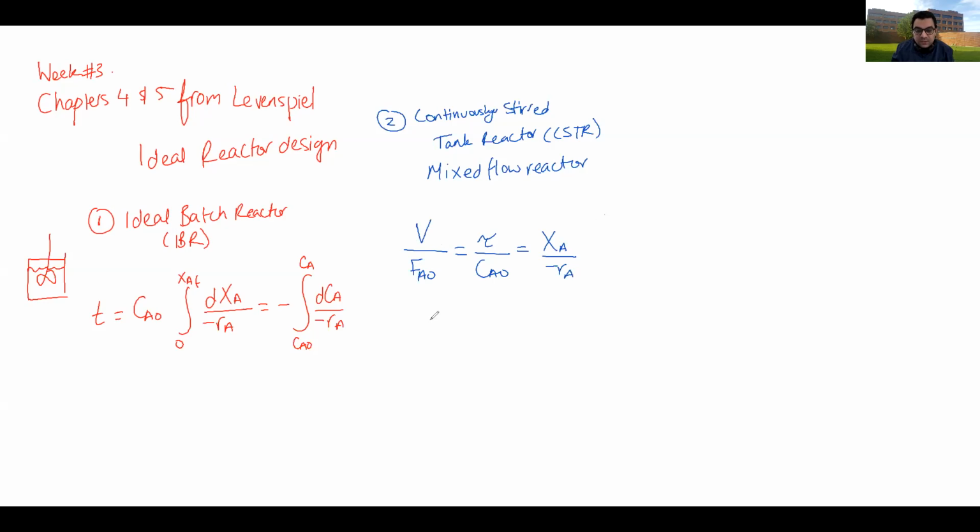And again, for a CSTR, this is the general expression. In your slides, we also derived the expression for a first order irreversible reaction in a CSTR, and for a first order irreversible reaction, the equation was tau k is equal to XA over 1 minus XA is equal to (CA0 minus CA) over CA, right?